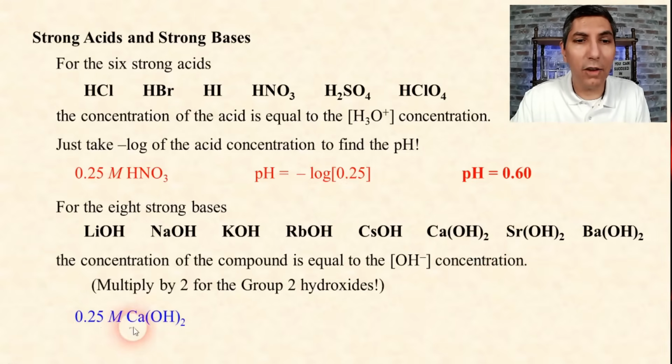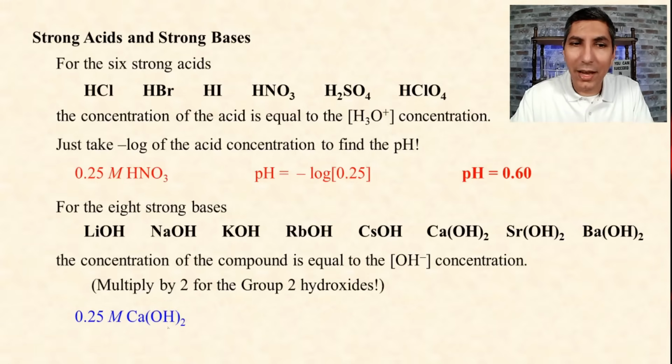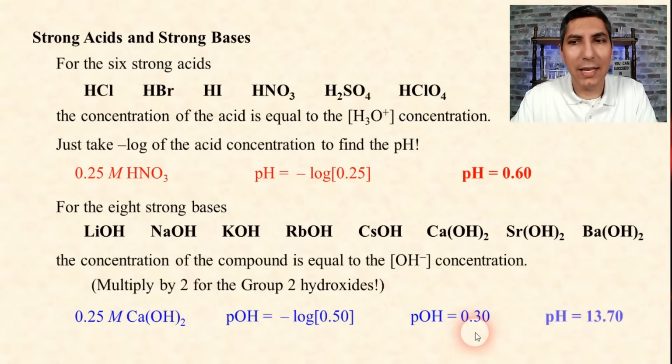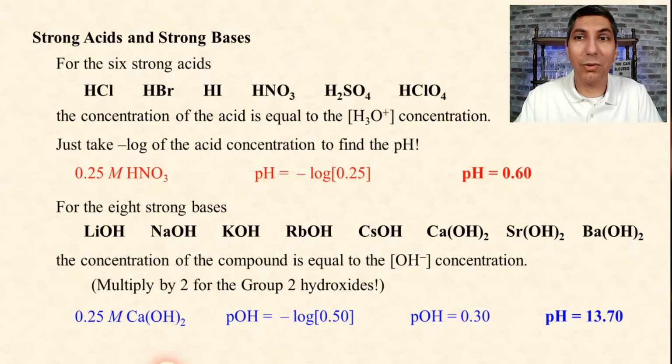So if we have 0.25 molar calcium hydroxide, the hydroxide concentration is 0.50. And so to find pOH this time, it's negative log of 0.50. And that means our pOH is 0.30, and the pH, 14 minus that, is 13.70. So that's how you find the pH of a strong acid or a strong base.